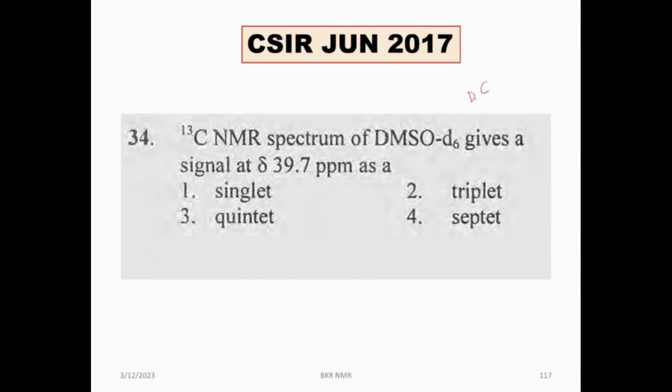The CD3 will give you what they are asking. For carbon, the same formula applies, 2nI plus 1. So you have 2 into the number of deuterium, 3, times I value 1, plus 1, so you'll have 7. So what is the answer? Septet. Is that okay?